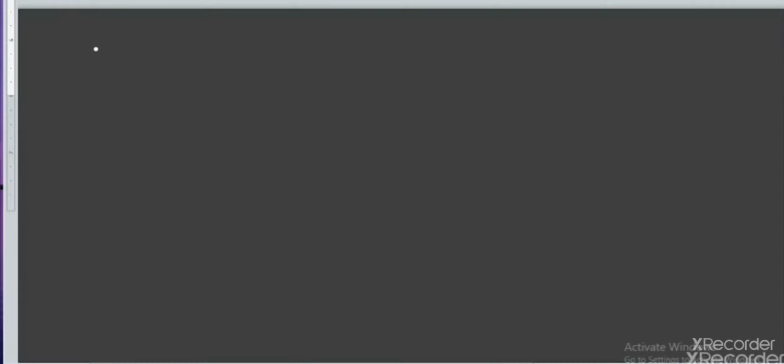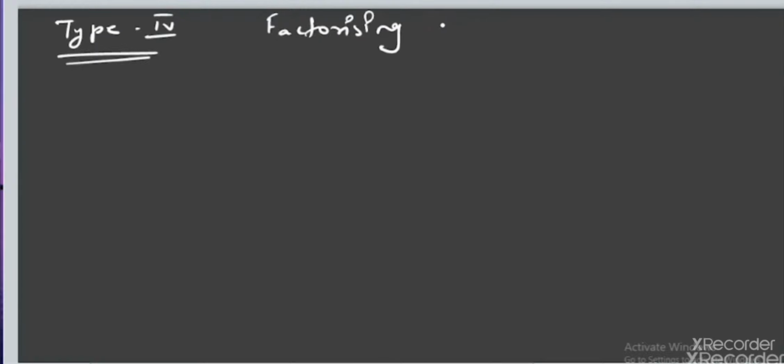Factorize difference of two squares. This is type 4, which we are going to study. What is the topic in this case? We are going to factorize the difference of two squares.